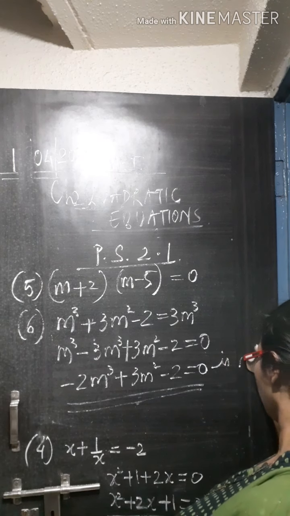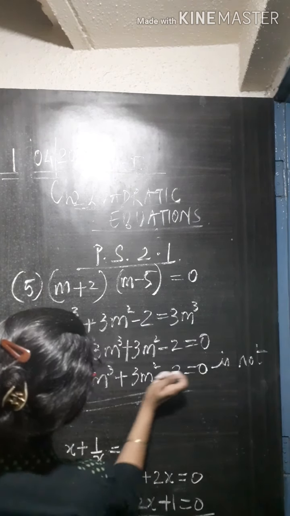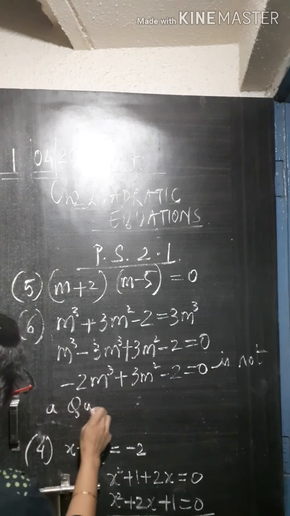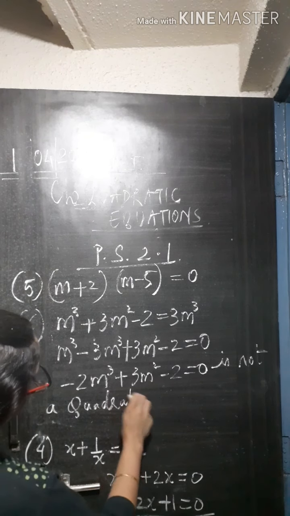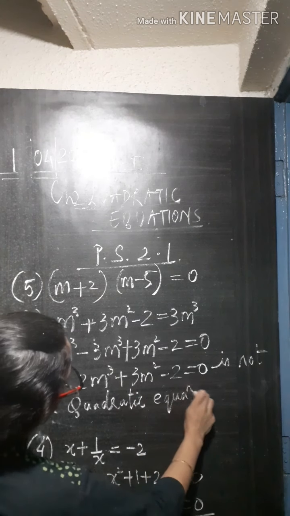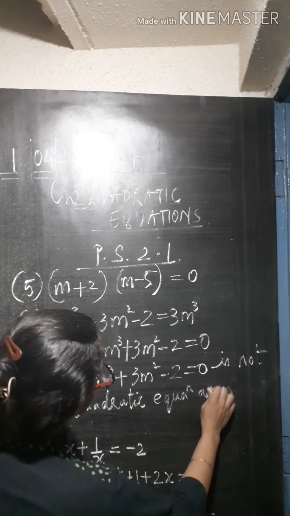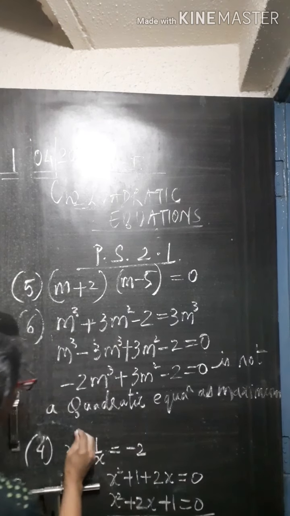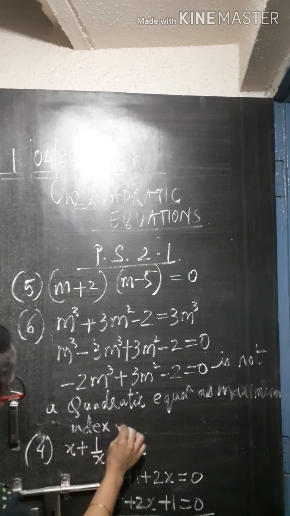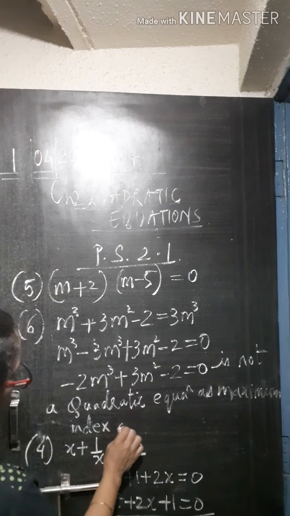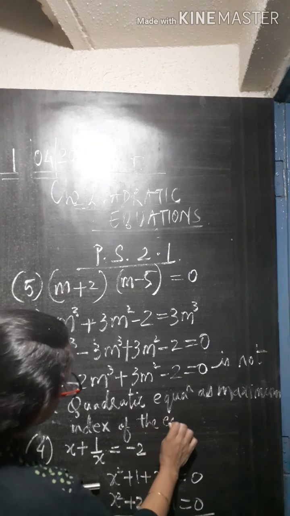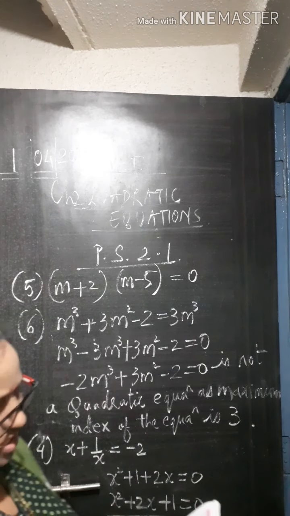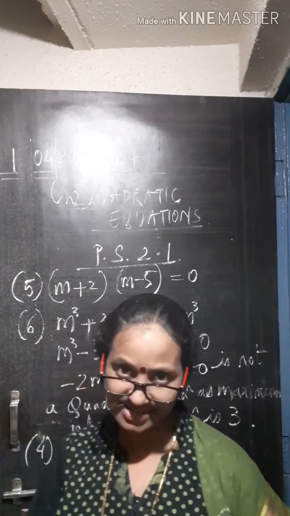So what you will write down is: this kind of equation you get is not a quadratic equation, as the maximum index of the equation is 3, right? So that finishes the second question of practice set 2.1.